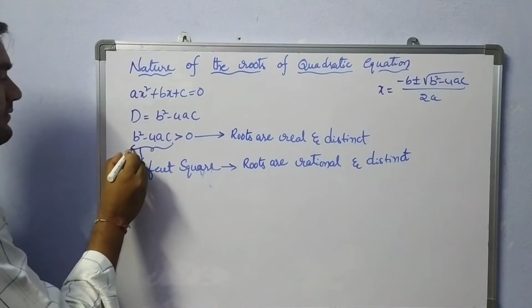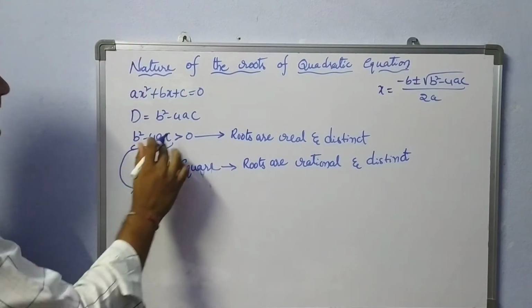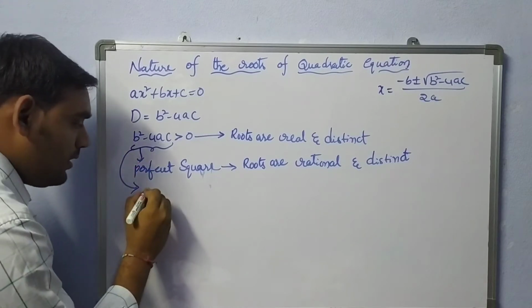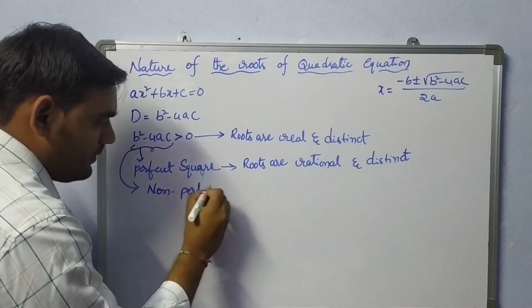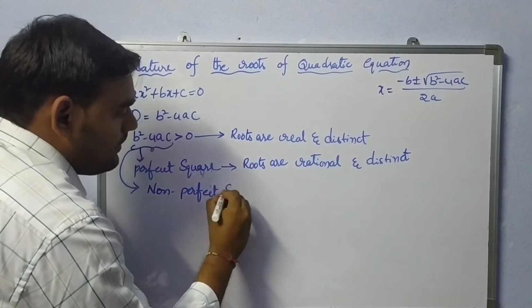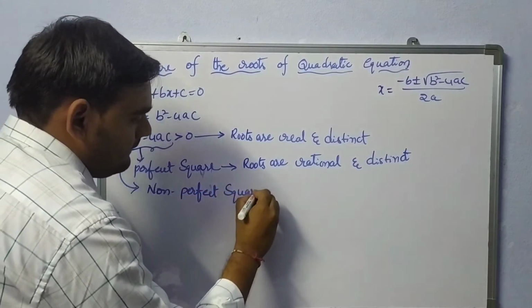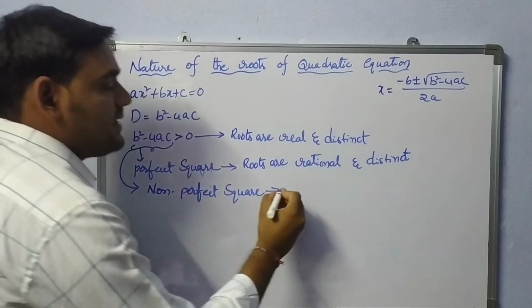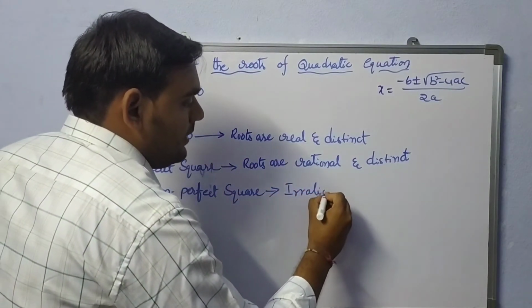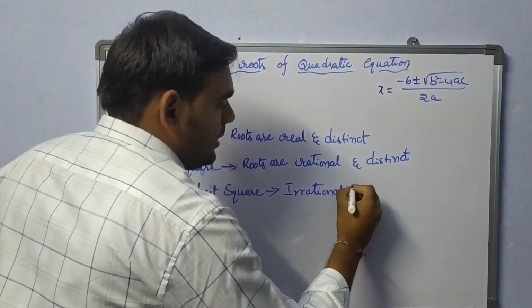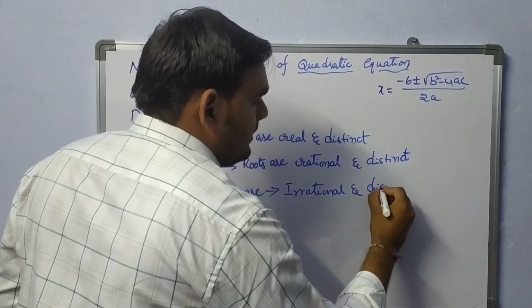Next, if b square minus 4ac is greater than 0 and it is a non-perfect square, at that time we can say roots are irrational and distinct.